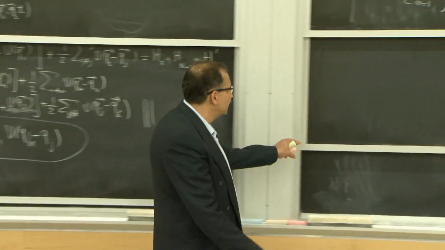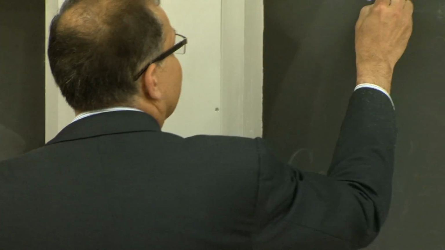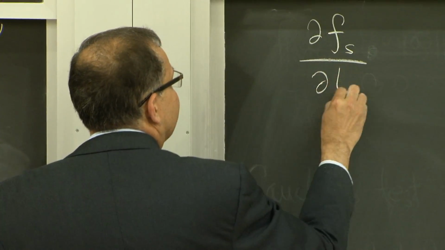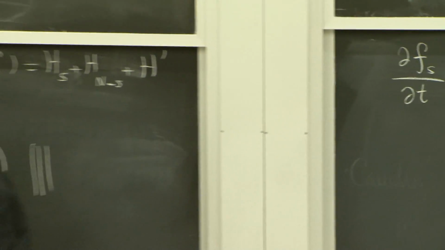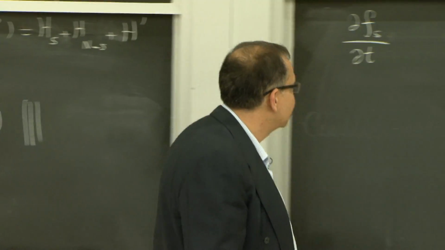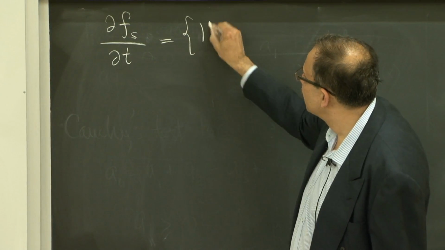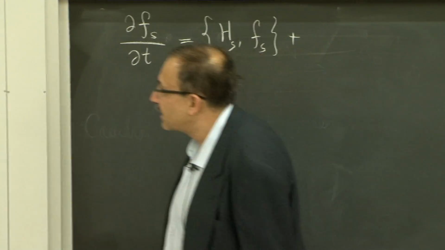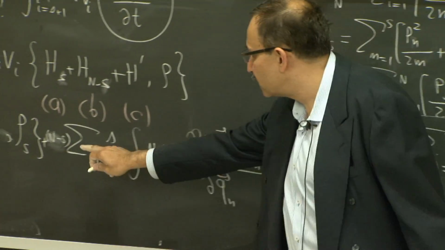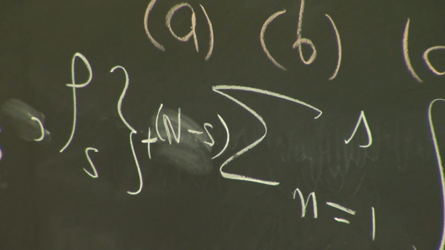Again, it is more common, rather than to write the equation for rho, to write the equation for f. And the f's and the rho's were simply related by these factors of n factorial over n minus s factorial. And the outcome of that is that the equation for f simply does not have this additional factor of n minus s, because that disappears in the ratio of rho s plus 1 and rho s.